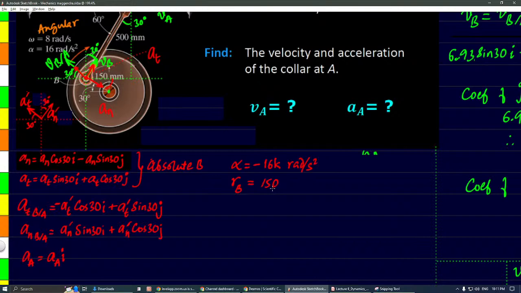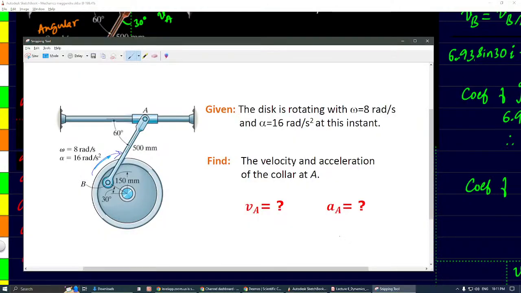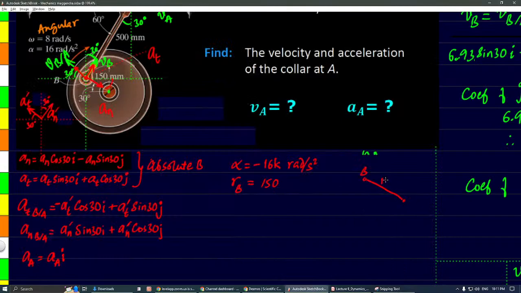B is here, this is our point, and this length is 150. Let me check the diagram again. Yes, the radial distance is 150.